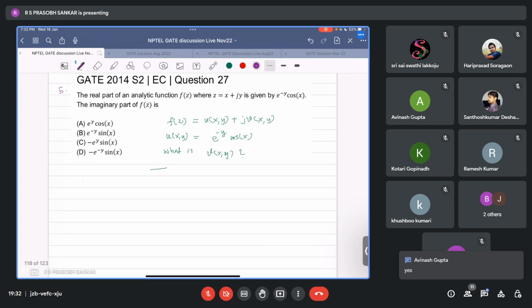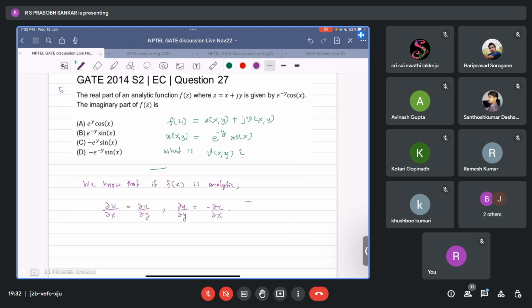Okay. So if f of z is analytic, then we have dou u by dou x is dou v by dou y, and dou u by dou y is minus dou v by dou x. Basically, the Cauchy-Riemann equation.